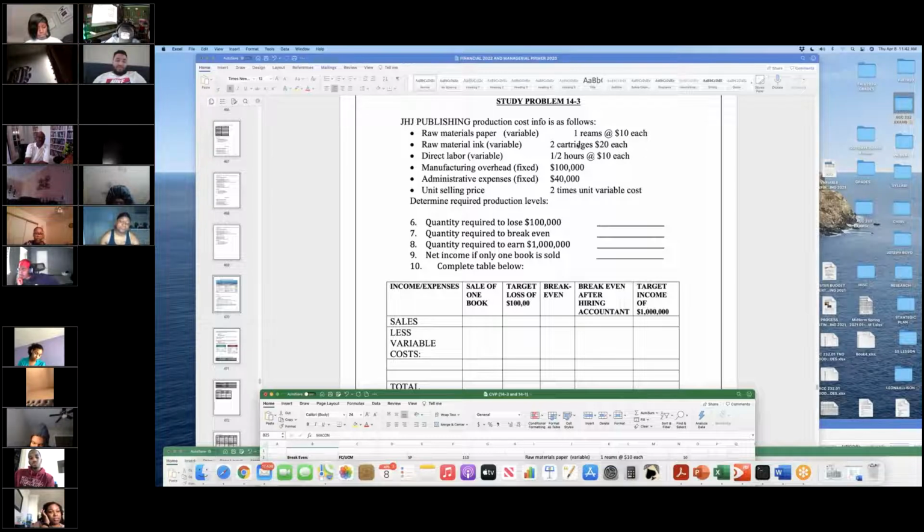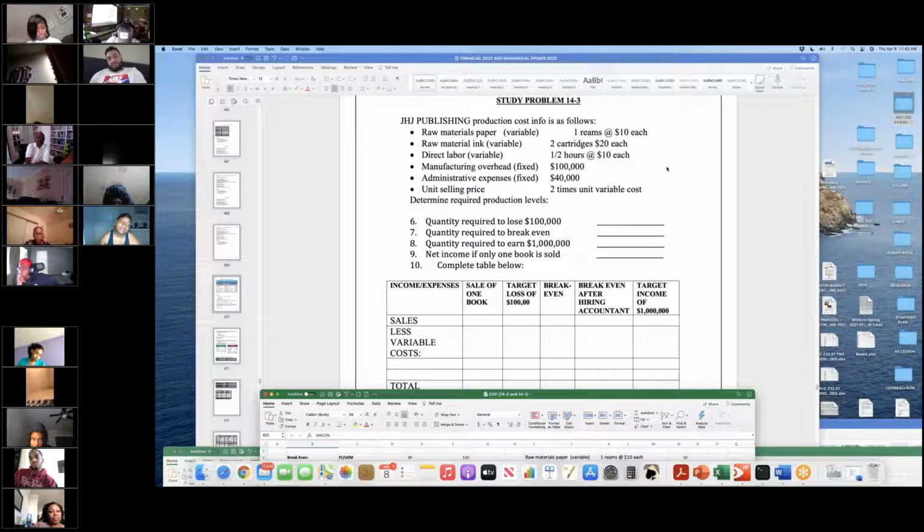It says 2 cartridges, $20 each. You bought 2 things, they were $20 each. So you add all of them together, that'd be 55, right? Well, let's finish looking at it. 2 times the selling price, 2 times the variable cost.